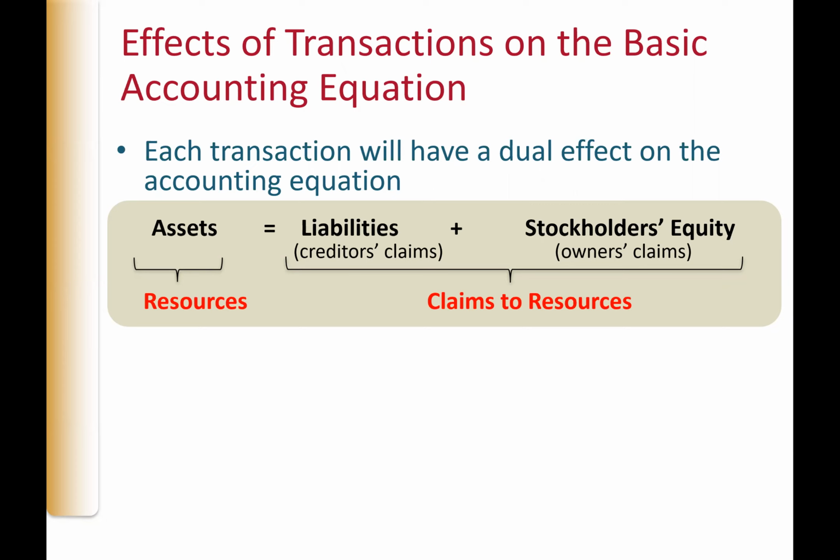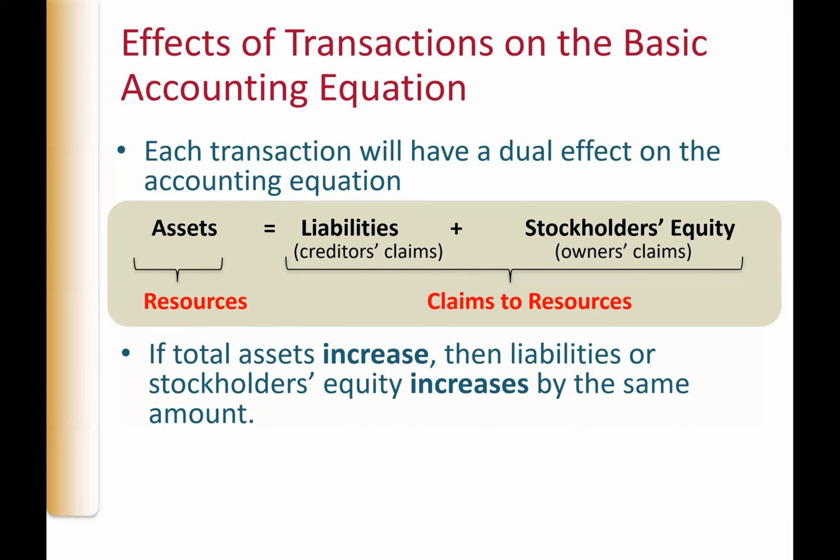Who has rights to those resources? Liabilities are the creditors' claims, people we owe money to. And stockholders' equity are the owner's claims, those that have a stake in the company, who own the company, have shares in the company. They also have a right to those resources.